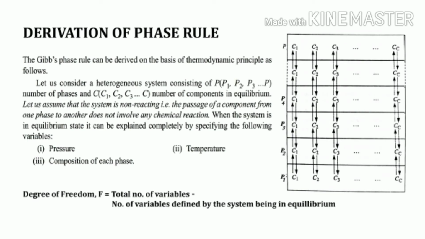Now let us derive the phase rule. The phase rule is also known as the Gibbs phase rule, and it can be derived on the basis of thermodynamic principles as discussed here.